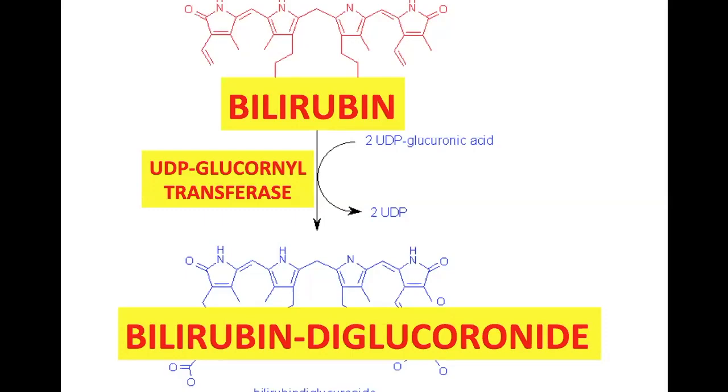There is a drug called chloramphenicol. Okay, everyone, memorize and jot down chloramphenicol. The antibiotic chloramphenicol causes a condition known as gray baby syndrome. And the enzyme involved here is your UDP glucuronyl transferase.